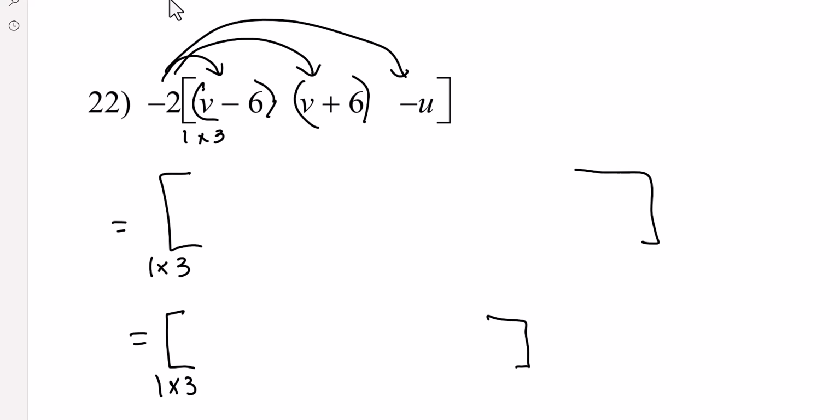All right, so I'm going to show you that process. We have a negative 2 on the outside, and then we're multiplying this expression, v subtract 6. And then negative 2 times v plus 6, and then negative 2 times negative u.